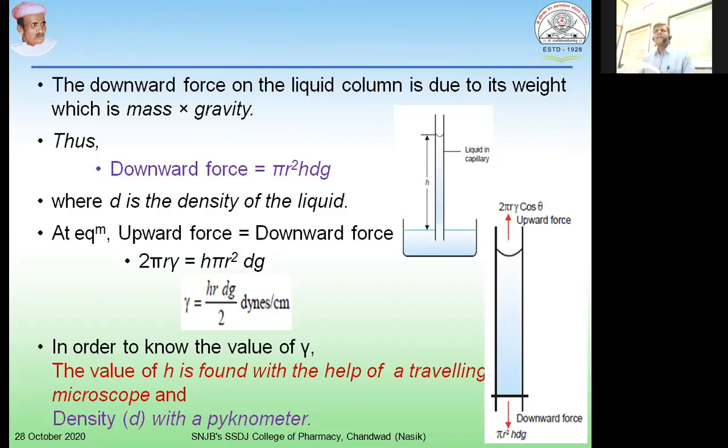The mass of the liquid that has risen into the capillary tube is given by the surface area of the capillary tube, multiplied by the height of the column from the surface of the liquid, multiplied by the difference in the density of the liquid and the vapor above the liquid column.